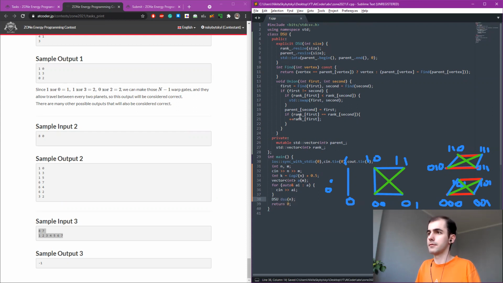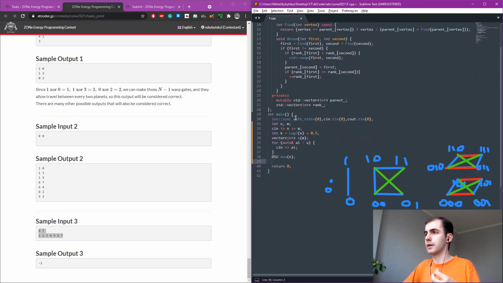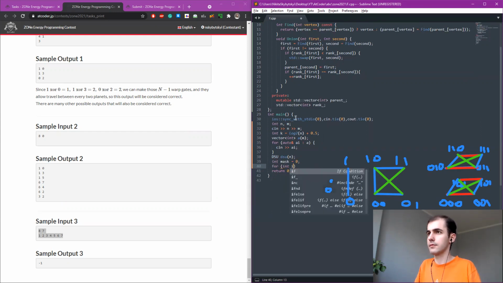Because now we are going to do the following. We will need a mask, and initially it's turned off, 0. Oh, AI is sorted. Nice. That is really nice of them.